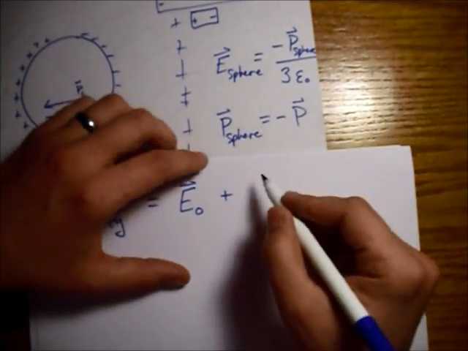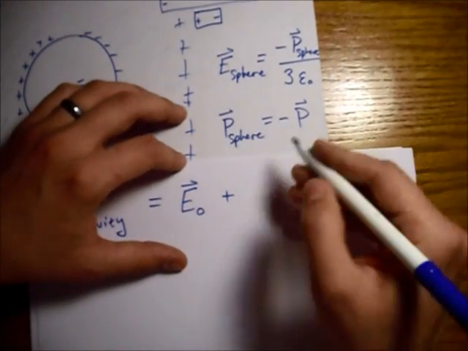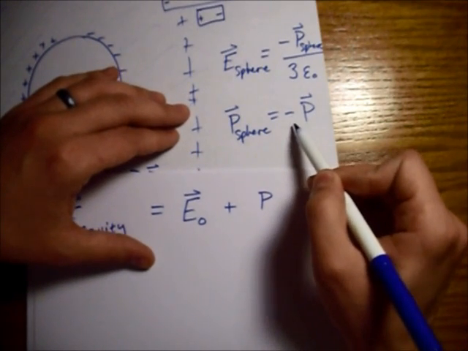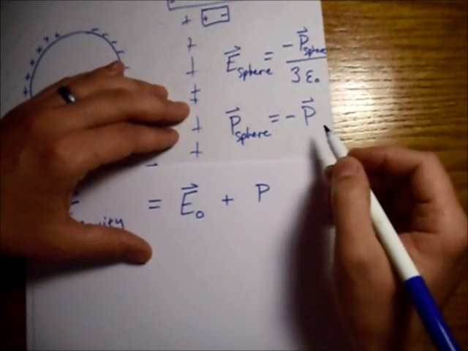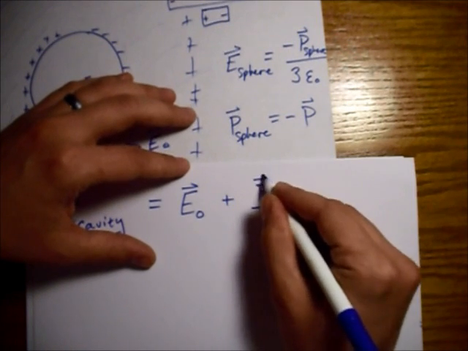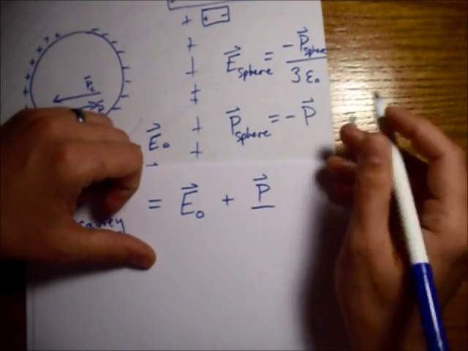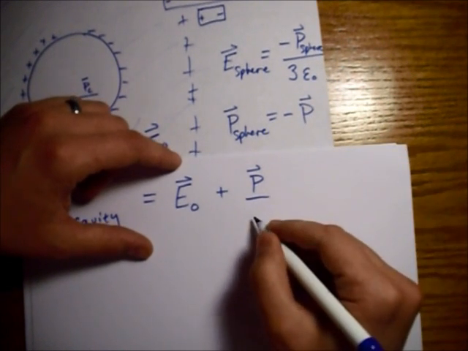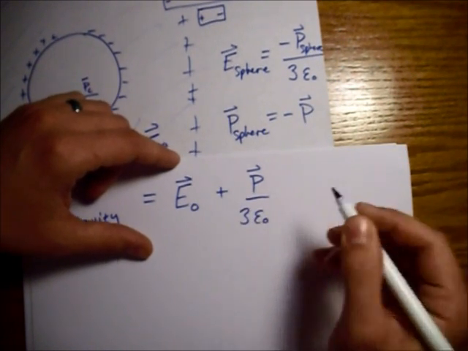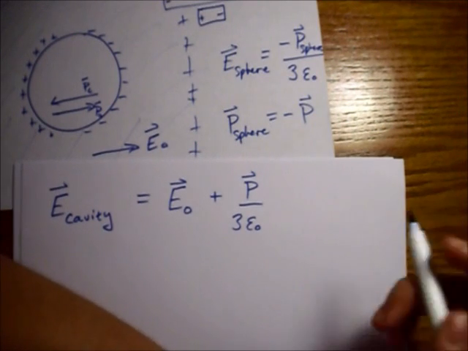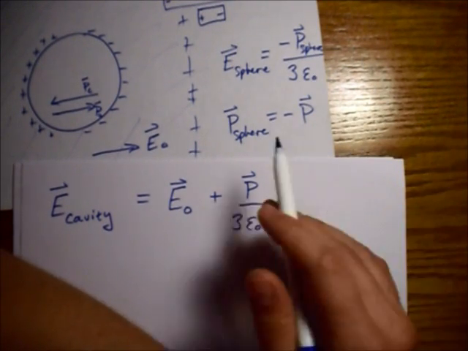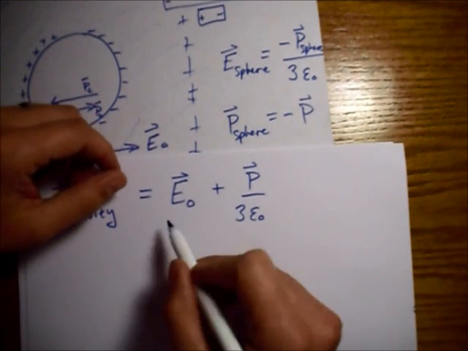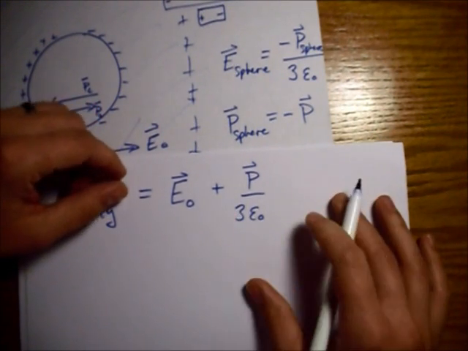So if we're putting it in terms of the original polarization, we just have this polarization divided by 3 epsilon naught. Let me make sure I'm explaining this properly. Maybe I can write an intermediate step here.